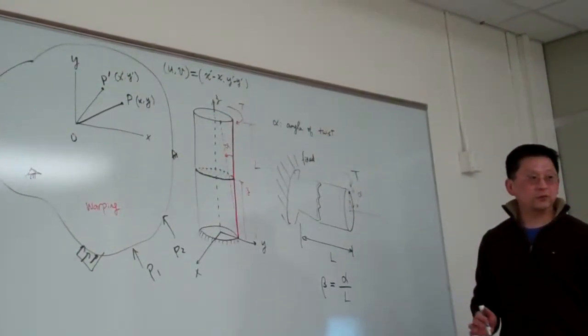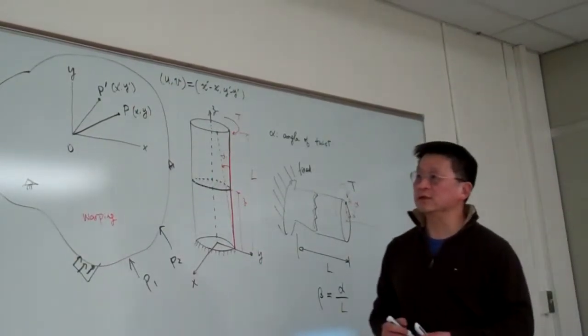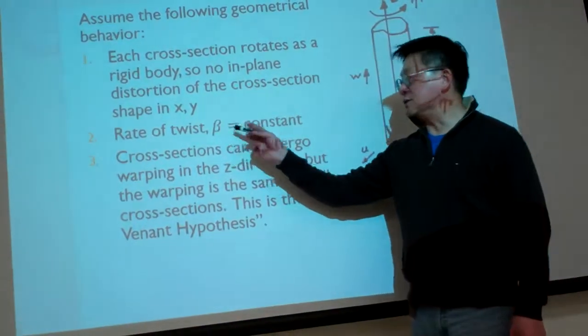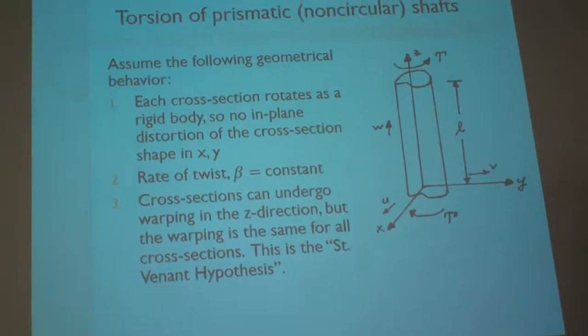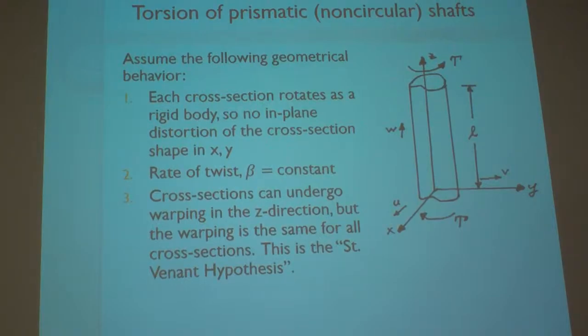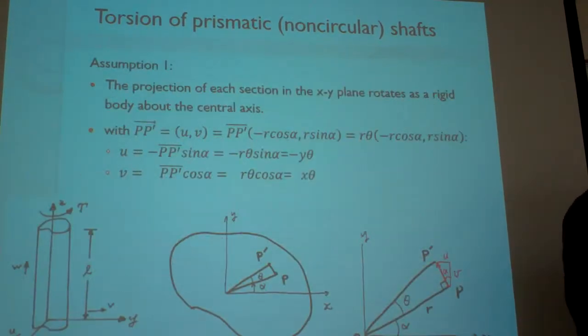Very simple definitions. You can visualize beta as simply the angle of twist per unit length of the shaft. And the third one, let me leave it until later.